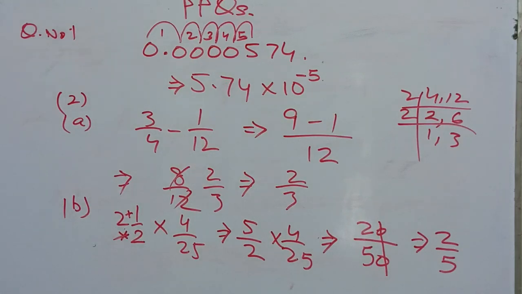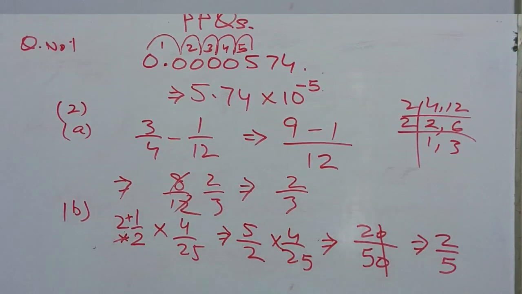Okay, now I hope that there are how many questions ahead of me? 1, 2, 3, 4, 5, 6, 7, 8. So let me attempt one or two questions more.